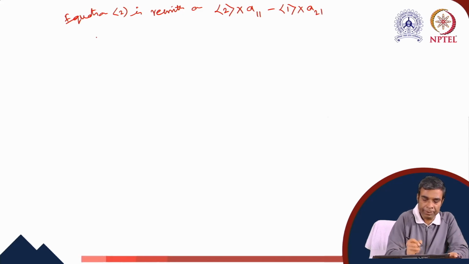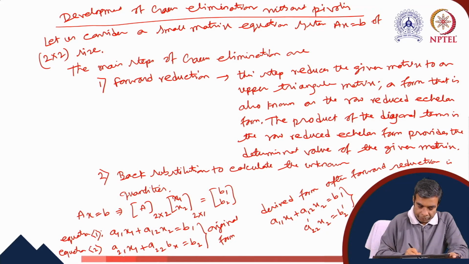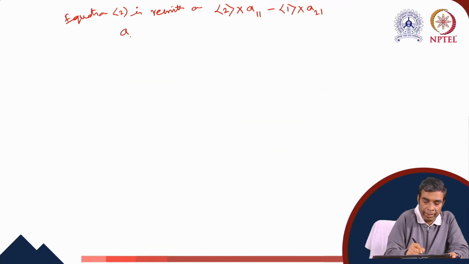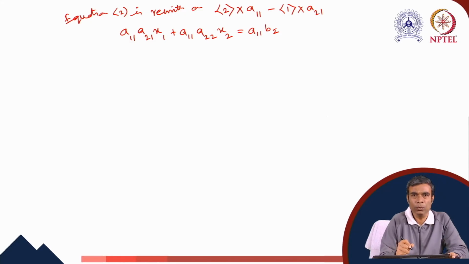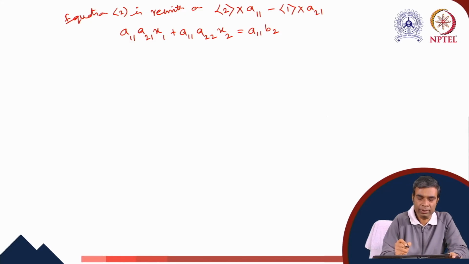So this gives us equation 2 as A11 A21 x1 plus A11 A22 x2 equals A11 B2. This is our new second equation.